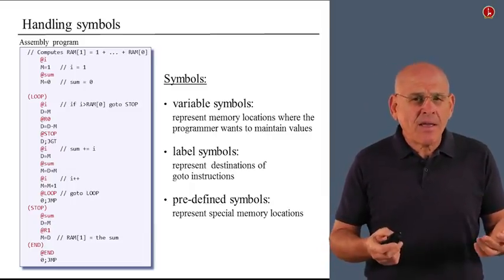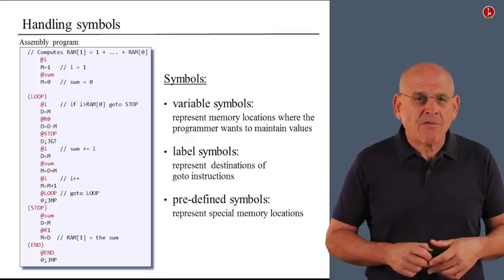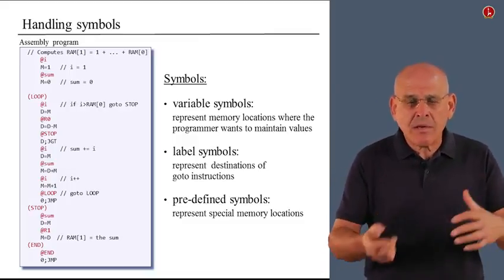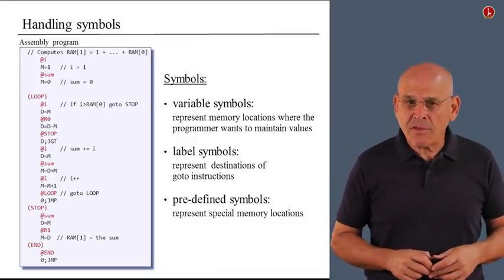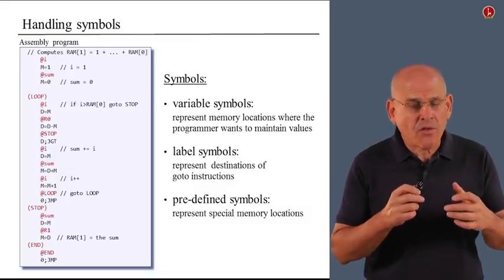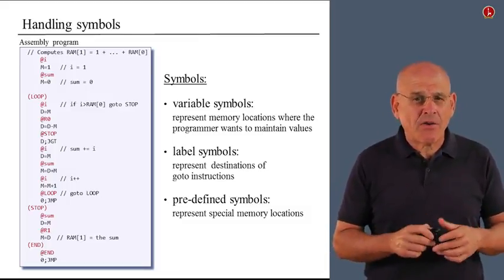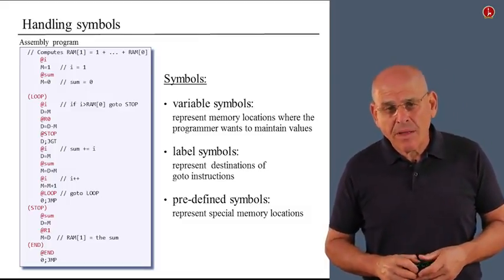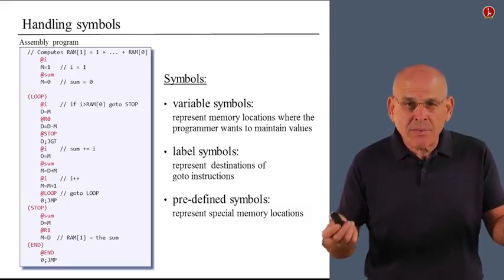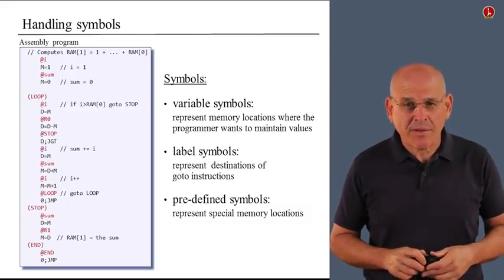And finally, we may have all sorts of predefined symbols like virtual registers, screen, keyboard, and so on and so forth. And in the example that we have here, we happen to have two predefined symbols, which are R0 and R1. So if you want to deal with symbols, these are the three kinds of symbols that you have to handle.